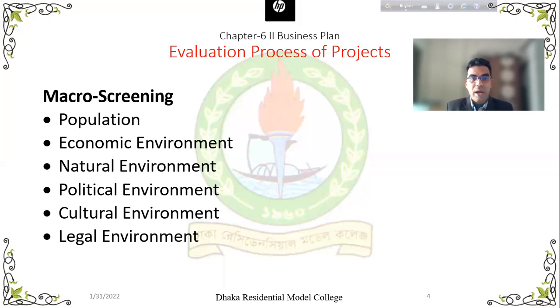Then another topic is cultural environment. Sanskriti. The cultural environment is the key.